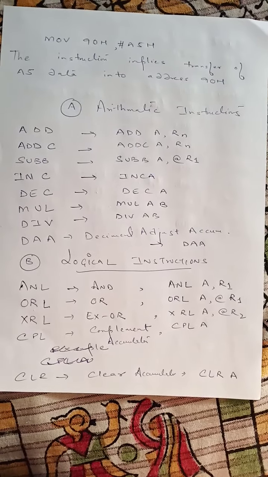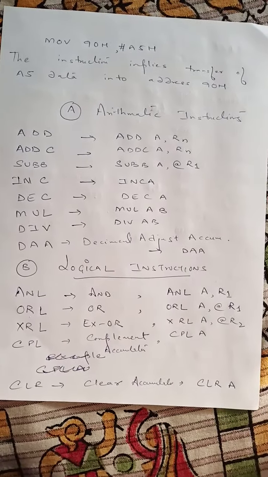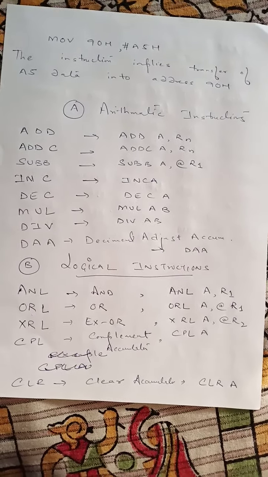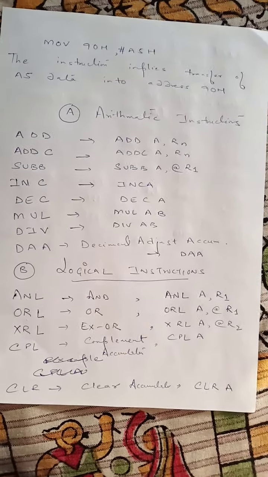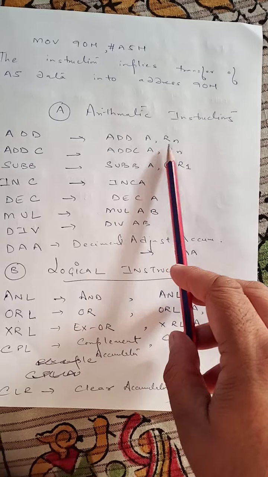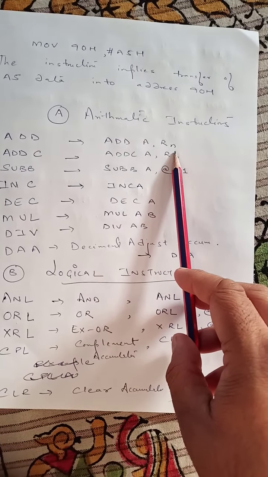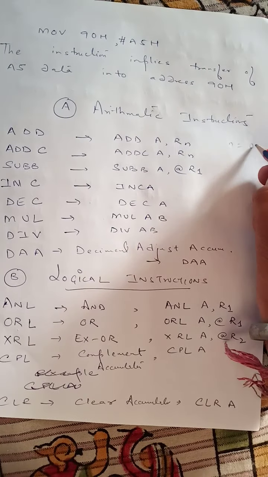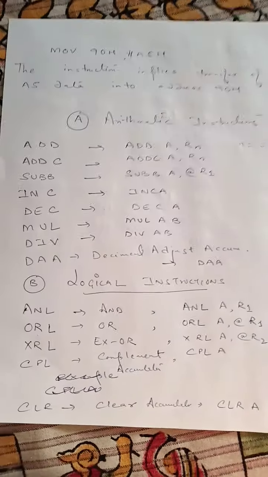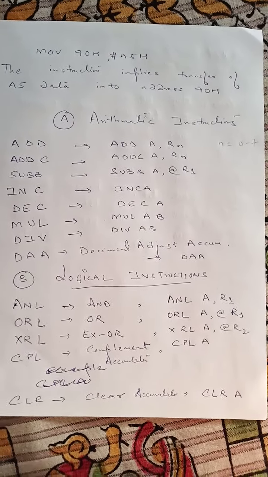Let us start our discussion with the arithmetic instructions. These instructions are very much compatible with the 8085 instructions, that is, add with carry. When we talk about add, it is ADD A, Rn, where n is a value from 0 to 7, that is R0, R1, R2, R3, R4, likewise.